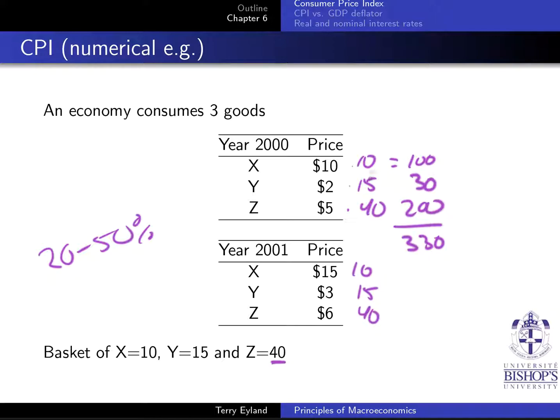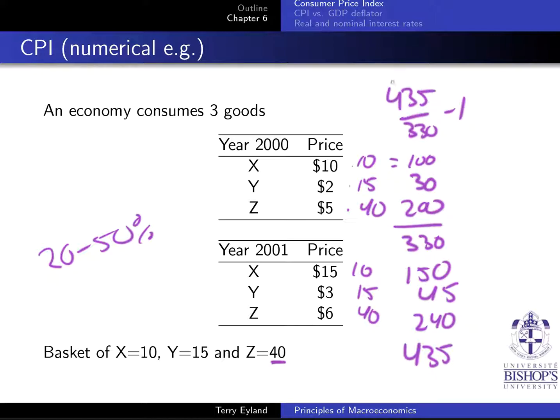Make sure that you always have something that's common between the two, so the quantities are common. 150, 45, and then 240. So over here we'll have 390, 435 if I'm not mistaken. Yeah, that looks about right. So here I'd have 435 over 330 minus 1, times 100, will give me my inflation using the CPI approach.